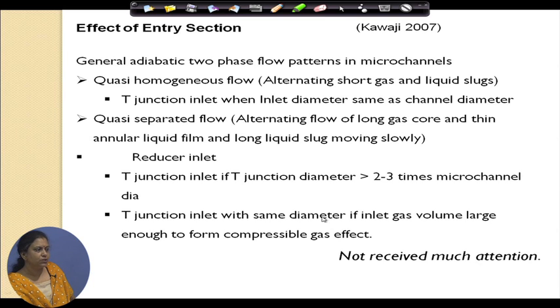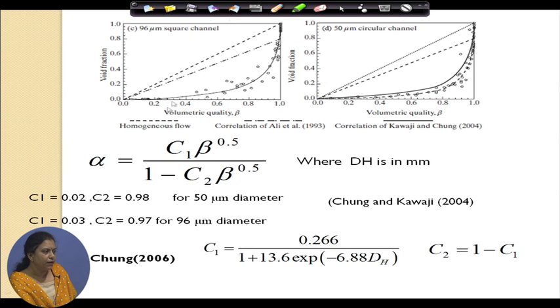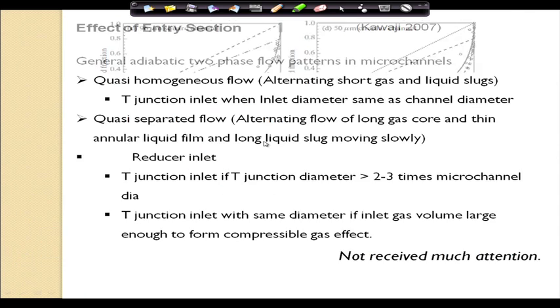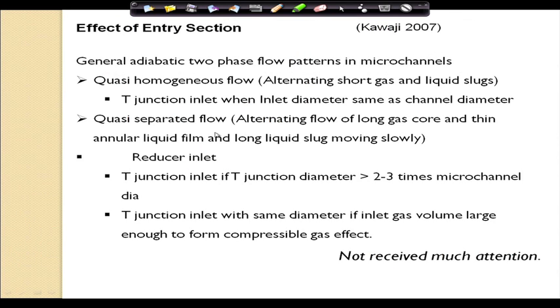It has been observed that usually we know that the flow in this particular case can be broadly classified either as quasi homogeneous, which is alternated by short gas and liquid slugs, which happens at low values of alpha, or it is quasi separated, where it is alternating flow of long gas core and thin annular film, and maybe there is a long liquid slug which moves very, very slowly.